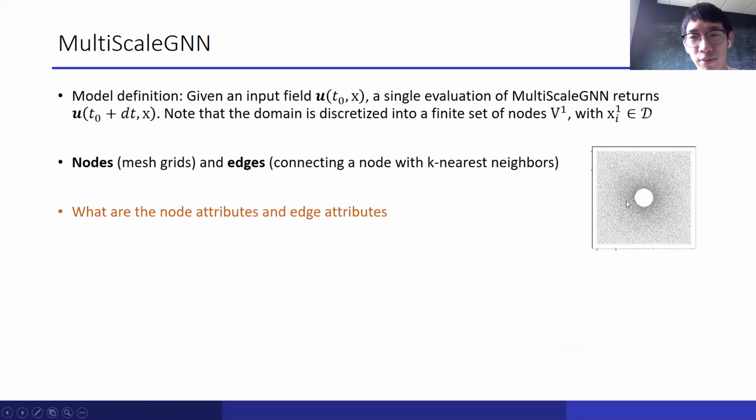But if you use a graph neural network, you don't need to do any interpolation. You can directly use the mesh grids here. Okay. So how about compared to DeepONet? Yeah, I think DeepONet can also do this as well, but I'm not sure. Okay, thanks.